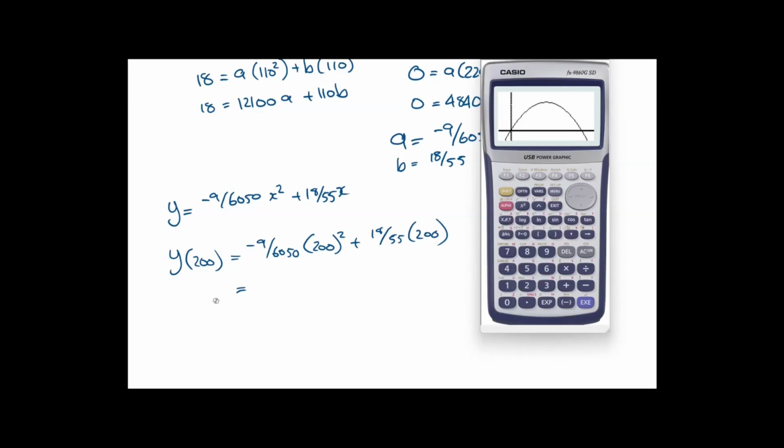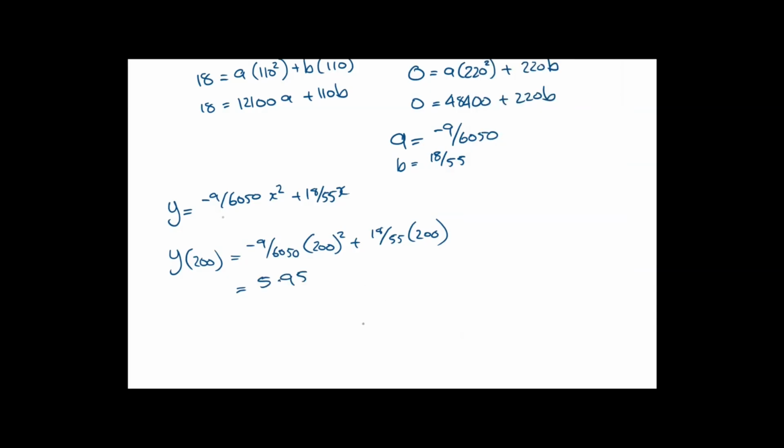There's our parabola. Just to prove it, we go to G-Solve, and we want y-calculate when x equals 200, which is 5.95. Okay, 5.95 is greater than 5.5 by 45 centimeters. So she does make the shot by 45 centimeters.